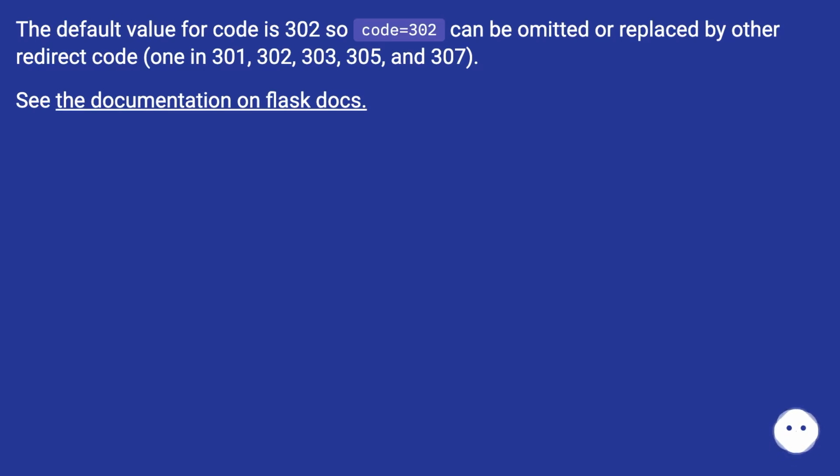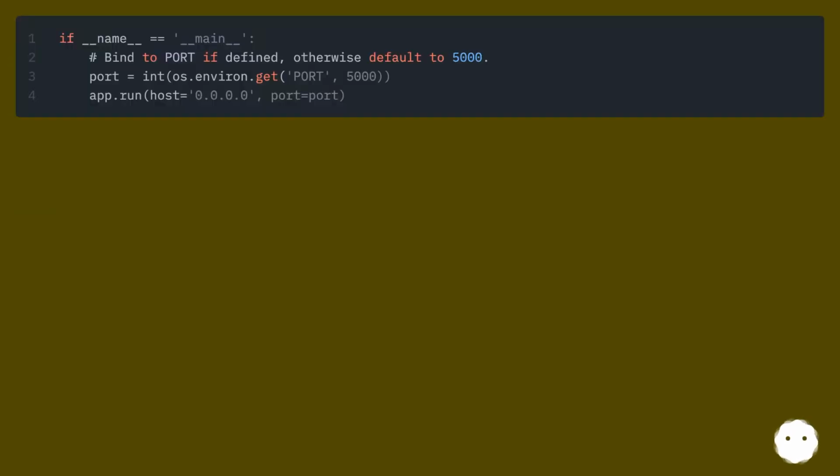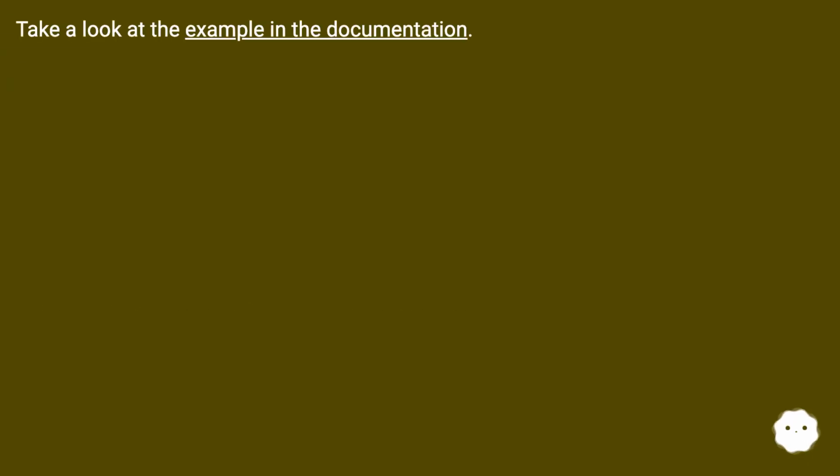See the documentation on Flask docs. Take a look at the example in the documentation.